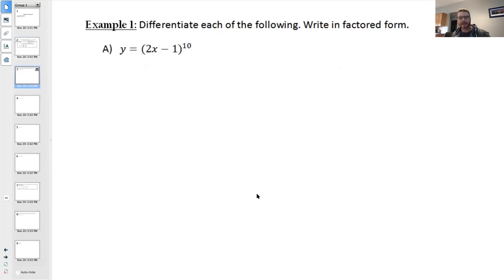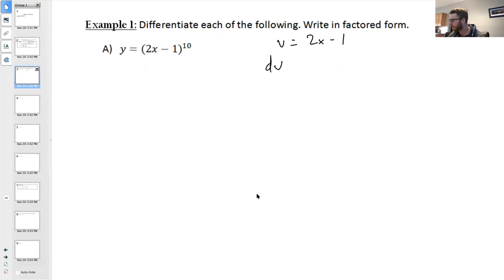Example 1: we're going to differentiate y is equal to (2x minus 1) to the exponent 10. For this, we're going to say u is equal to 2x minus 1, that's what's in the brackets there.